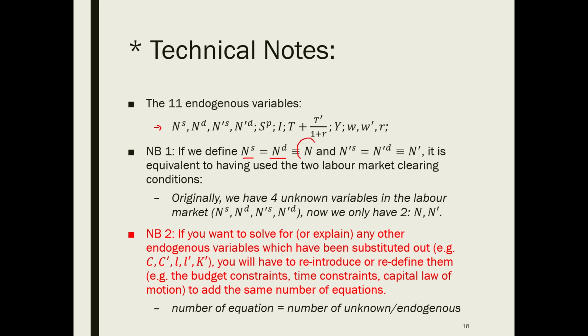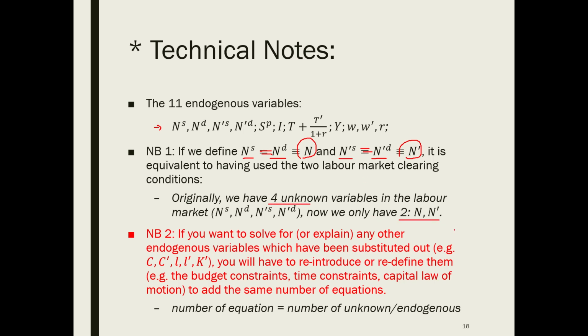So we can replace both by a single variable N. Similarly, N'S and N'D can be replaced by N' in the future period. If we do so, it is equivalent to having used the 2 clearing conditions in the labor market. The 4 unknown variables now become 2 unknowns, N and N'.